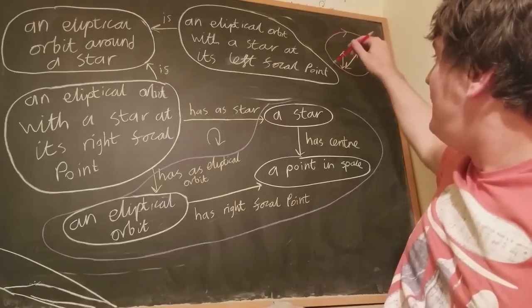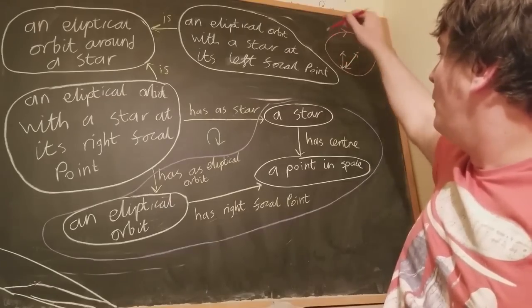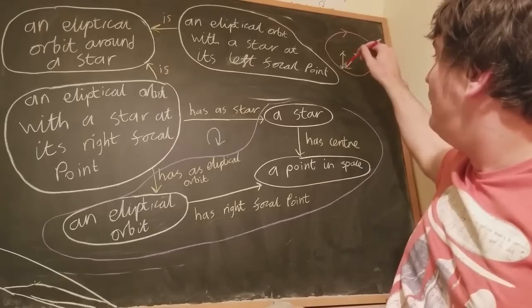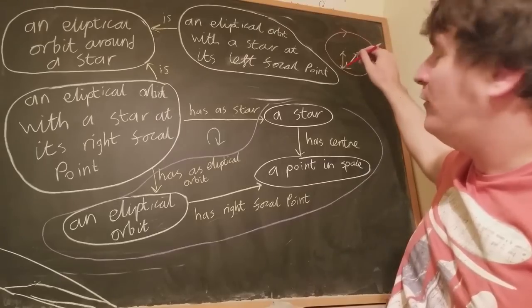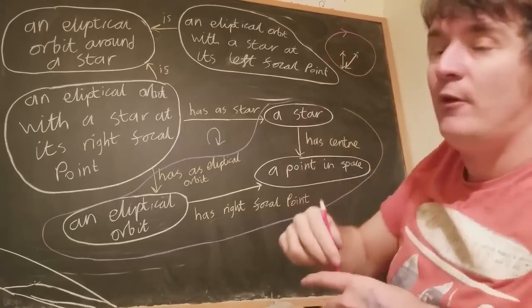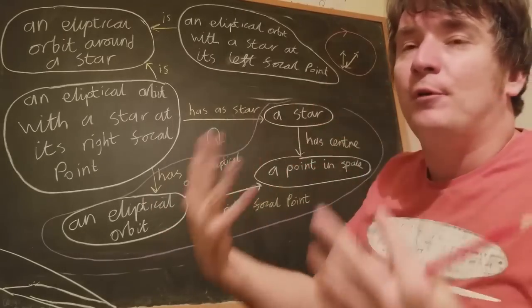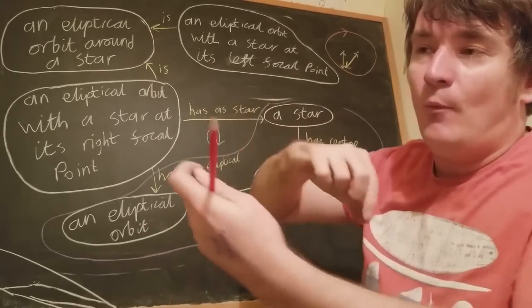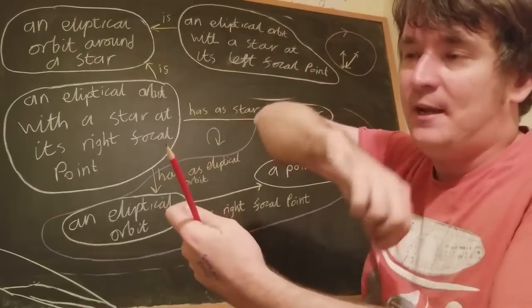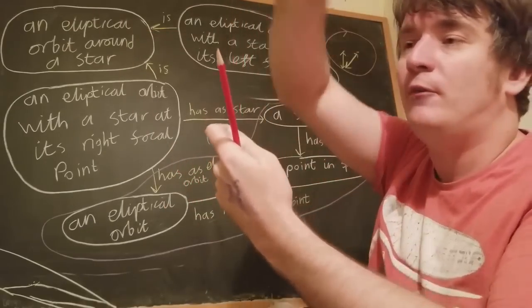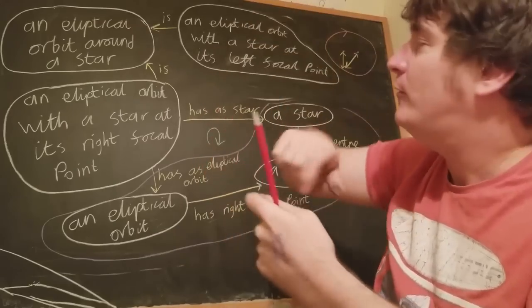Indeed, an ellipse consists of all of the points which have the feature that the distance from them to one focal point plus the distance from them to the other focal point is always equal to a constant. And Kepler's first law is that when you have a planet orbiting a star, that star is always going to be at one of the focal points of that elliptical orbit.